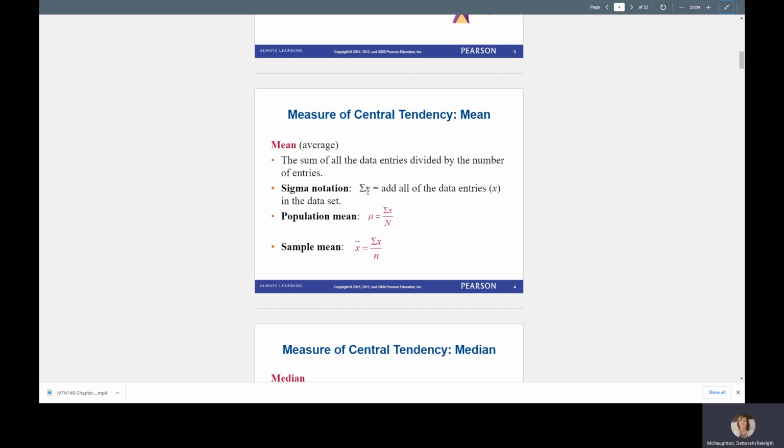Usually this would be written with an x sub i, where x sub 1 is the first data value, x sub 2 is the second data value, and x sub n is the last data value. We would sum from i equals 1 to n of x sub i, but they just use shorthand in this textbook. So we're summing all of the data entries. Each data entry is an x. So we're summing all of the x's, and then we're dividing that by the total number of entries.